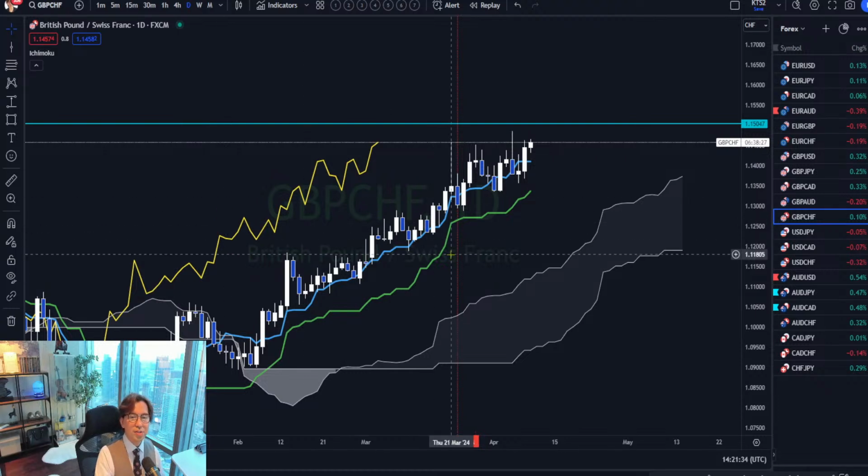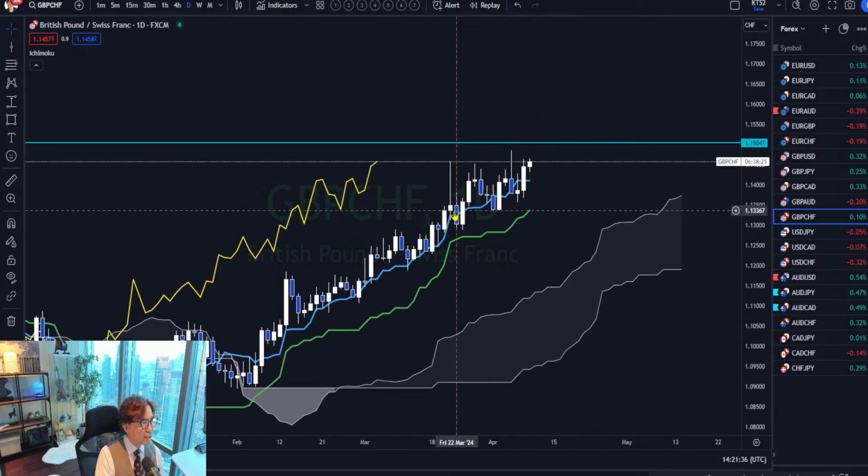So in Ichimoku, we say that this is the important day that the pattern has changed. Ever since, the market has not been bounced by the Tenkan-sen, it actually broke the Tenkan-sen.